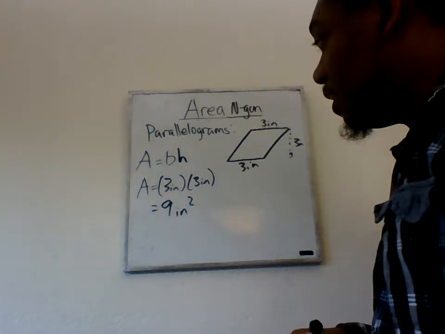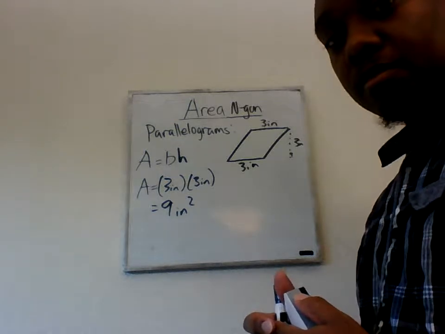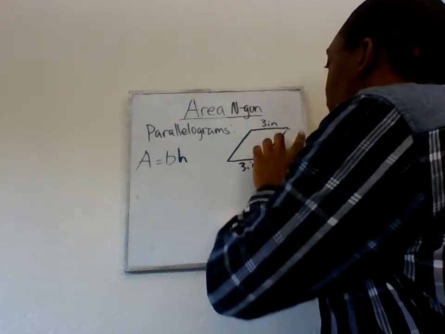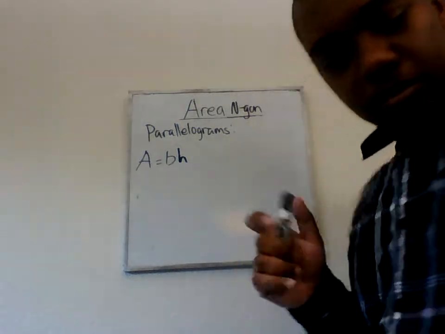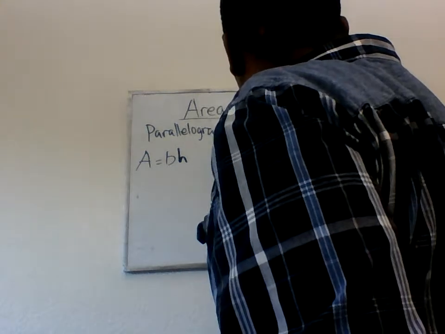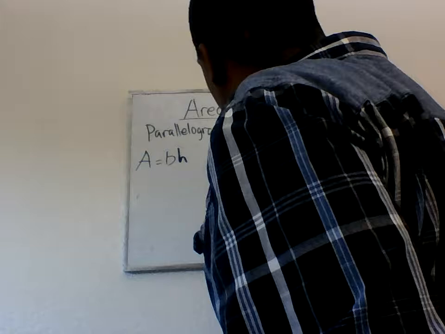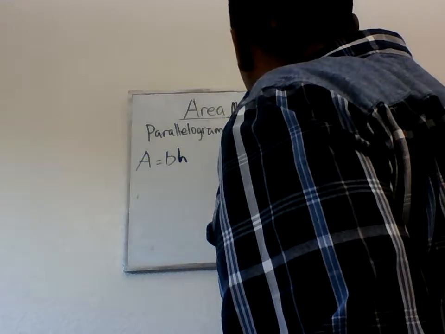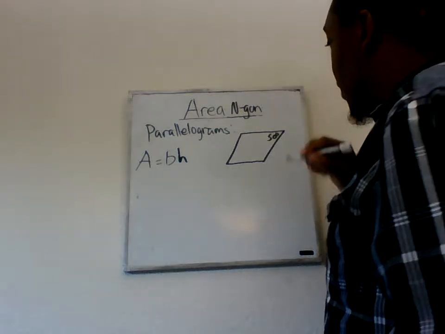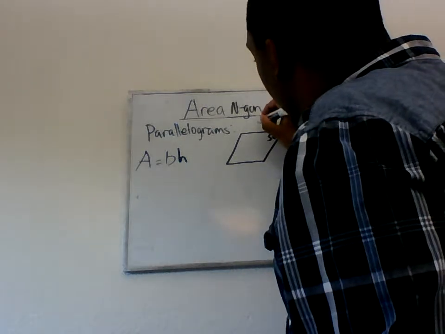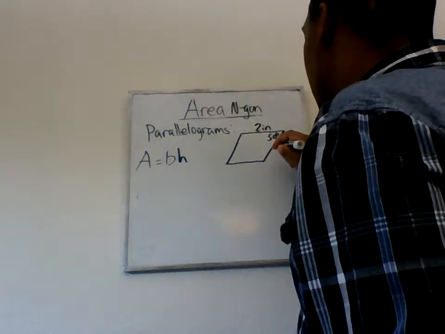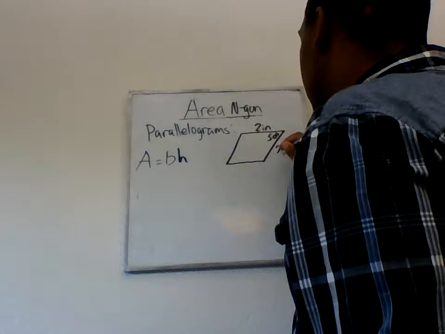Well, let's say something else was given to us. Let's say instead this angle given to us is 50 degrees, and we are given that this is 2 inches and that this is, let's say, 7 inches.